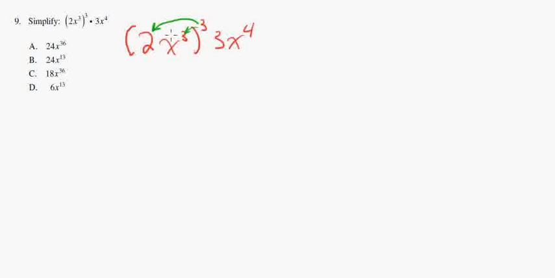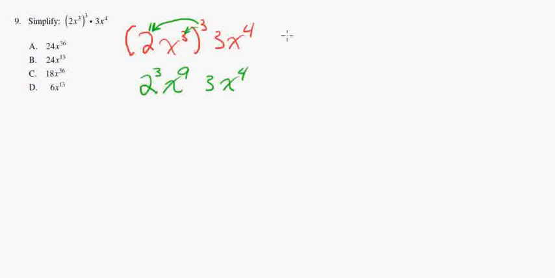This 3 gets multiplied to the exponent of everything inside the brackets. So 2, I'm going to write it in even though it doesn't have it, has an exponent of 1. So 1 times 3 is 3. This x, the 3 times 3, will be 9, and this will be all multiplied by 3x to the 4.